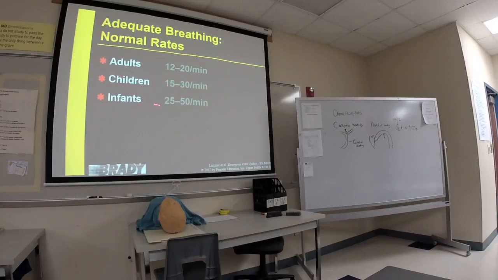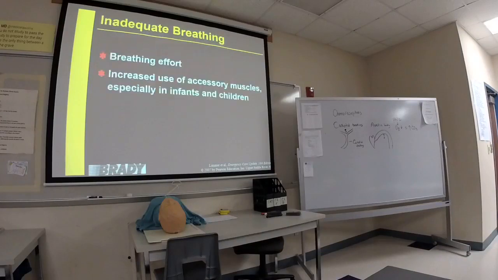Just remember children and infants. It's the normal respiratory rate of an adult. However, they only usually end of it. 22 would be hyperventilation. 24 would be the patient is 20 per minute. Right?